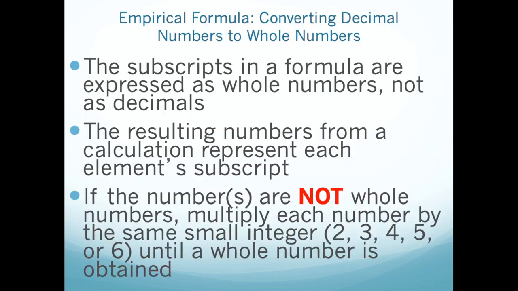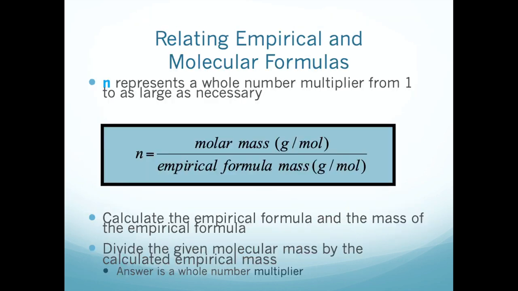Now, when it comes to expressing your empirical formula as a molecular formula, you need an extra piece of information. You need to know what the mass of your molecule is going to be, because that tells you how much to scale up your empirical formula.